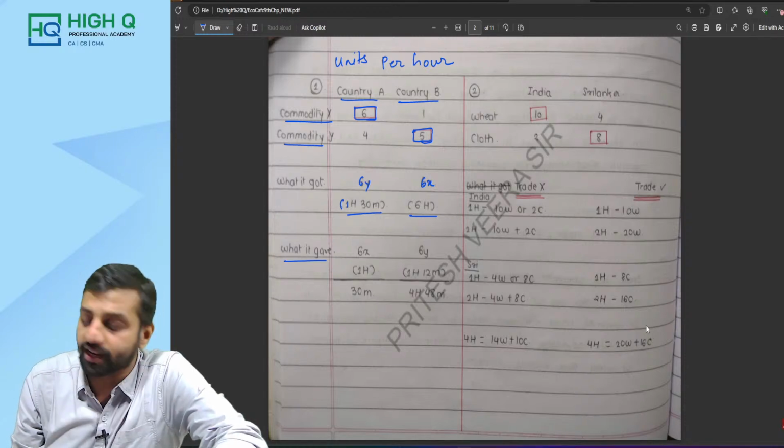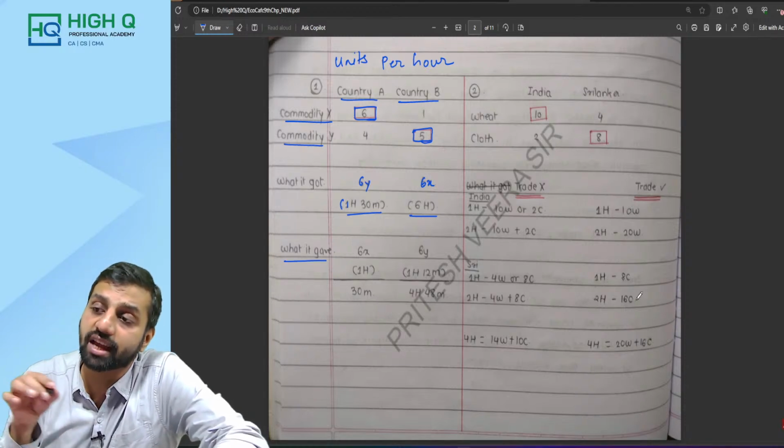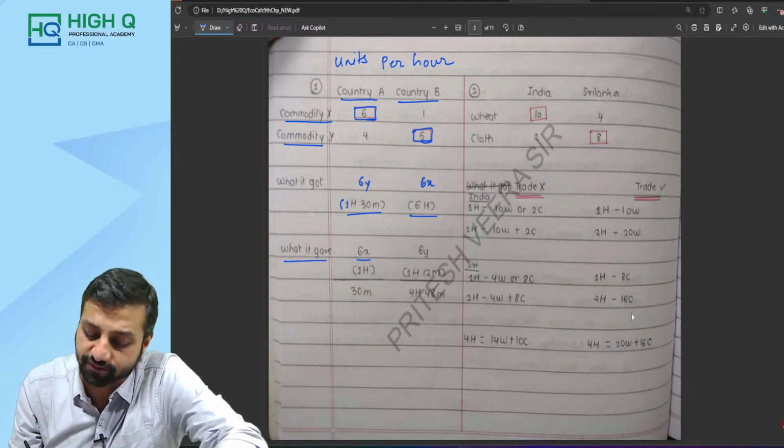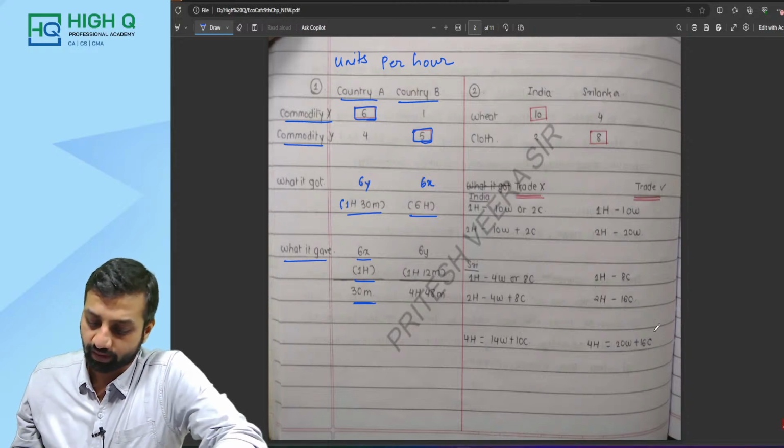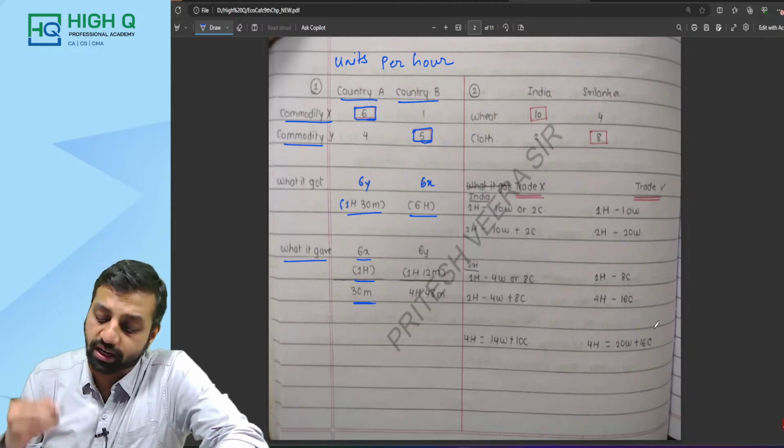So what it got and what it gave? What did country A give? It gives 6X for which it requires 1 hour. So it has 30 minutes left. And what did country B give?